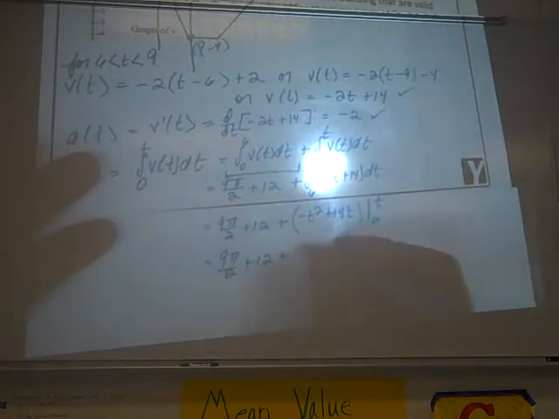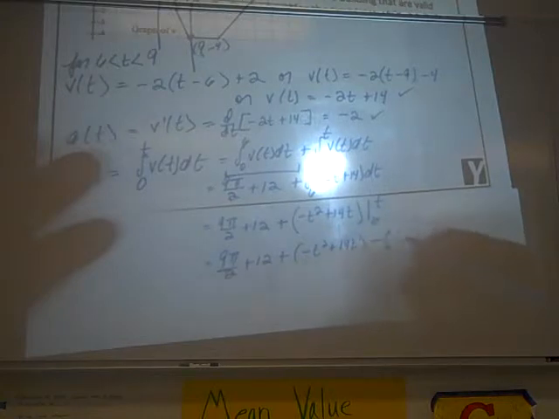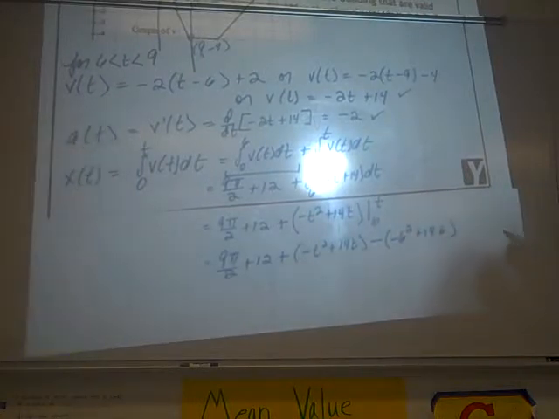Plug in t, you're going to get -t² + 14t minus, evaluate the function at 6, -6² + 14 times 6. And as far as I can tell, everything else at this point is just algebraic simplification, which means it doesn't need to be done. You just want an expression in terms of t, and we have it.